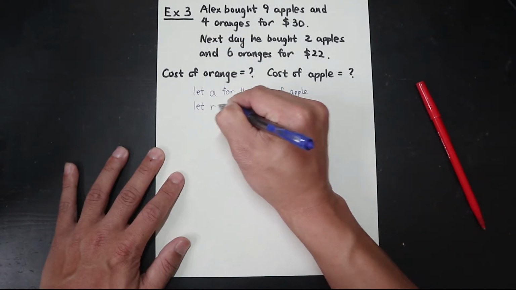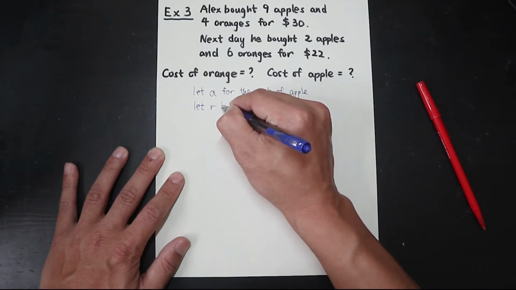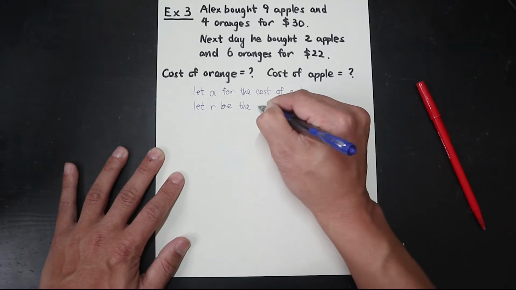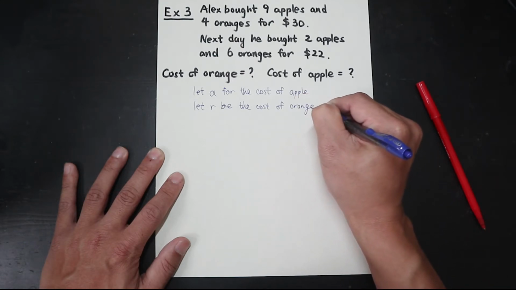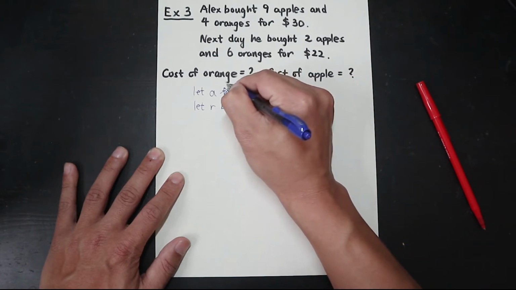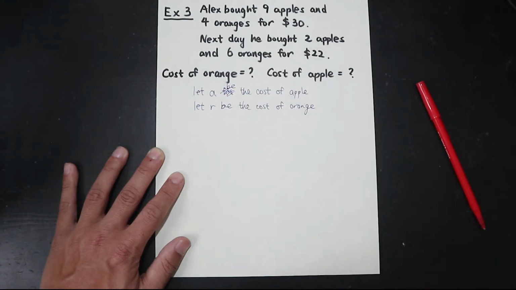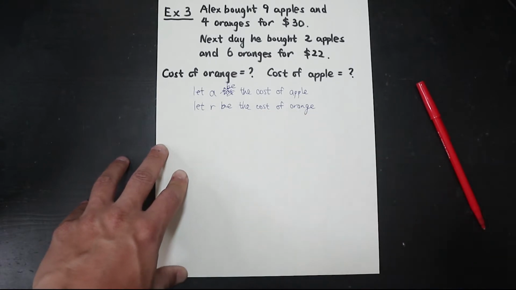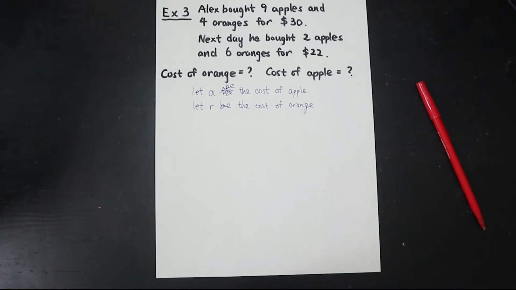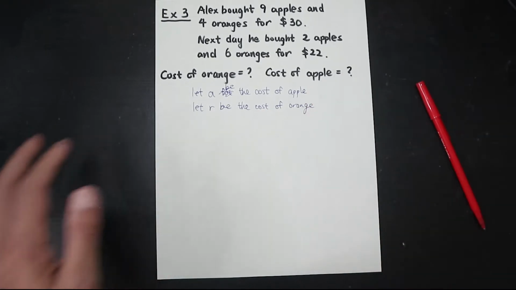Because that's the next letter. So let A be the cost of apple, and let R be the cost of orange, so that way you know which letter is for which of these fruit.